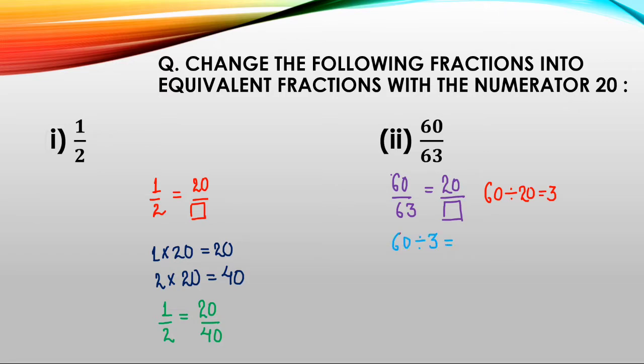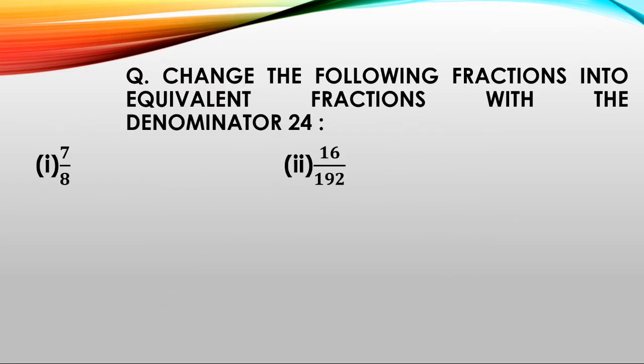So, if the numerator is divided by 3, then we have to divide the denominator also by 3. So, 63 divided by 3 is equal to 21. Therefore, 60/63 is equal to 20/21.